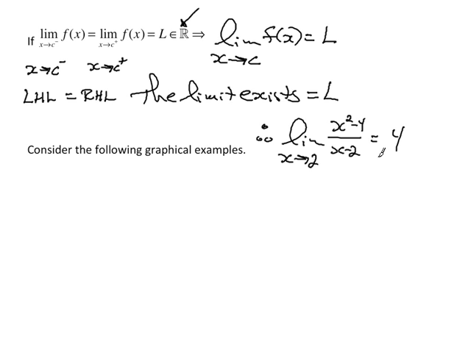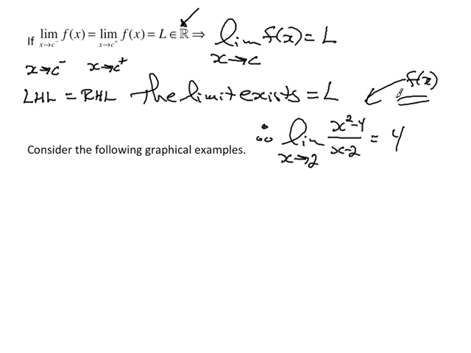Now again, if this is what we're thinking of here as f of x, that is not saying that f of x equals 4. It's saying the limit as x approaches 2 of f of x is 4. That's two different things. So the limit is 4, even though at 2, in this particular case, f of 2 does not exist.